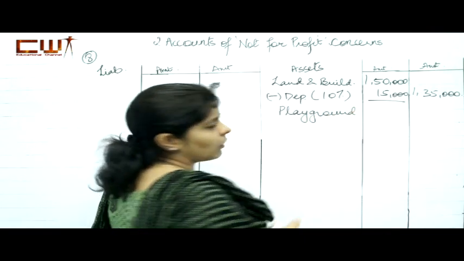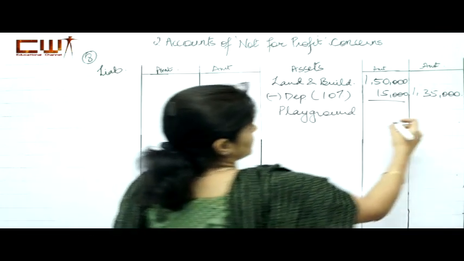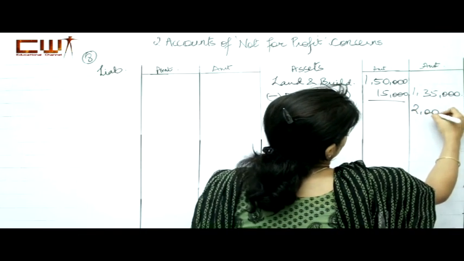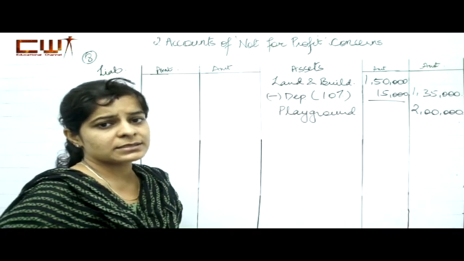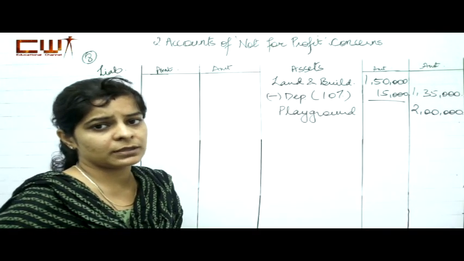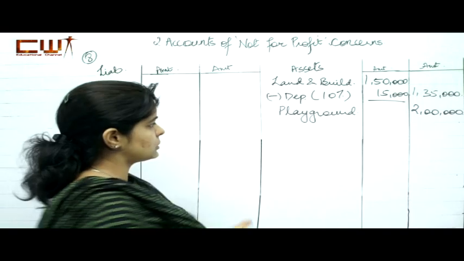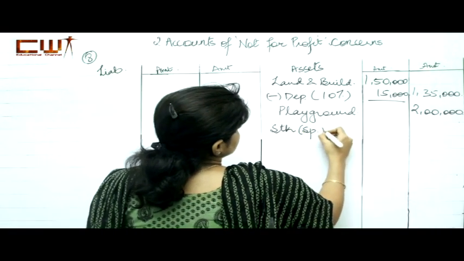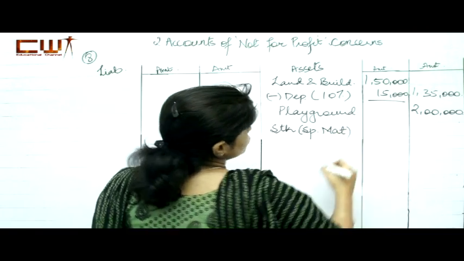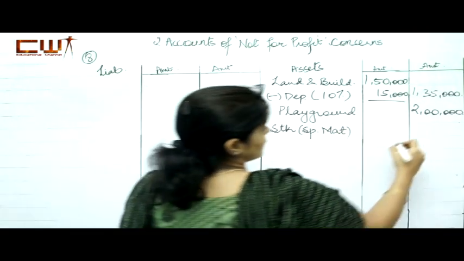Playground worth rupees 2 lakhs will come here, right? Next is stock of the sports material. We have calculated the closing stock, that is 5,000.